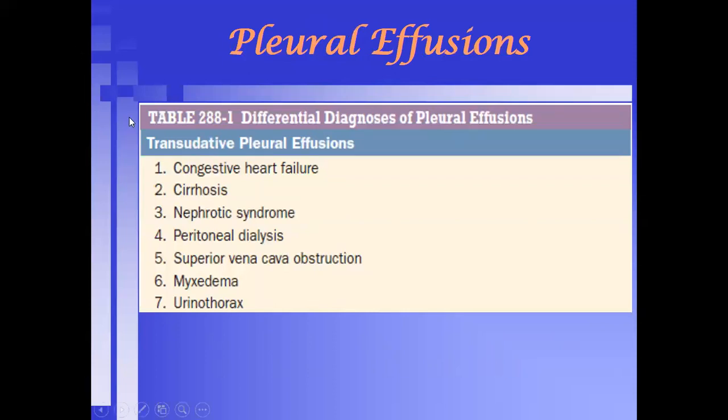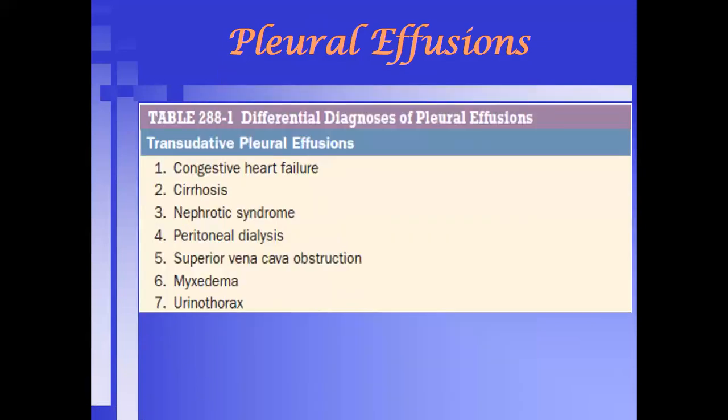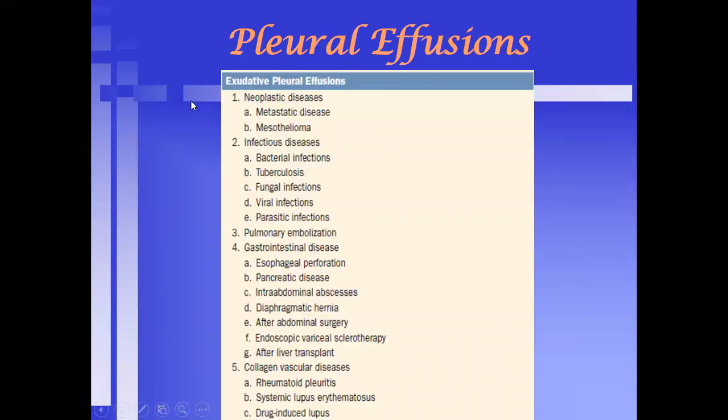Okay, so in your book, you have there a very long table showing you the different kinds of pleural effusion, and it's divided into your transudative effusions and your exudative effusions. So again, just remember that your transudative effusions are systemic, so your congestive heart failure, cirrhosis, and nephrotic syndromes can lead to your transudative effusions, while your exudative effusions are usually localized.